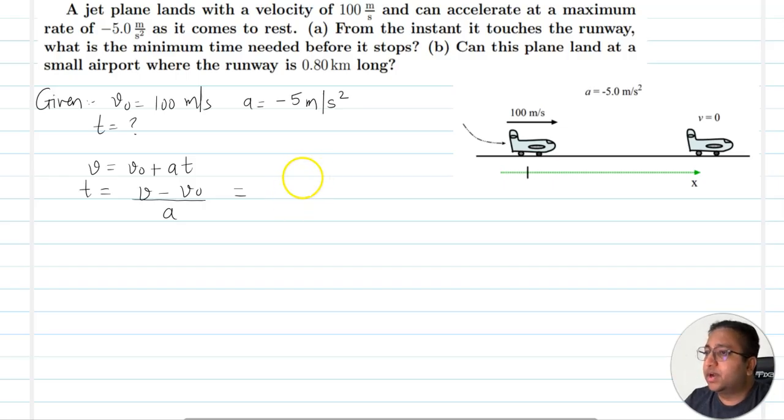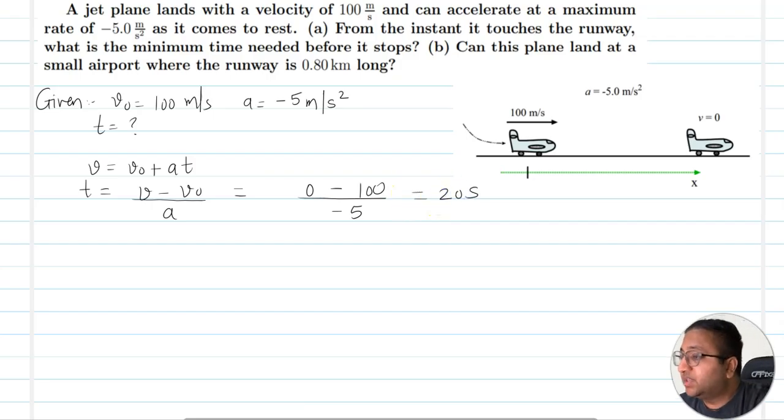So I will substitute the values. The final velocity is 0, as you can see in this picture, since the jet plane comes to rest. So V is 0, minus the initial velocity at which the jet plane touches the ground during landing, which is 100 meters per second. So I insert 100 divided by A, which is the deceleration, -5. This gives me the time as 20 seconds.